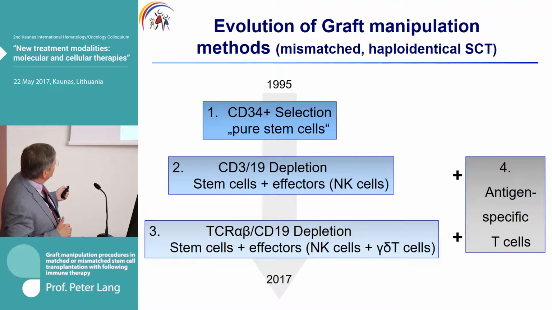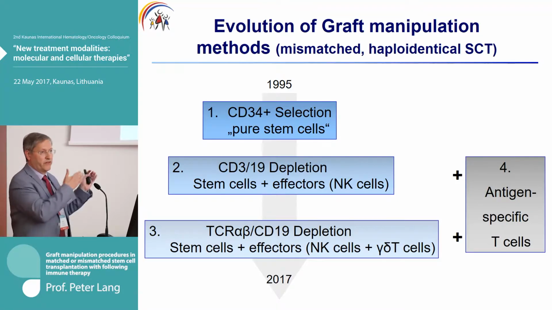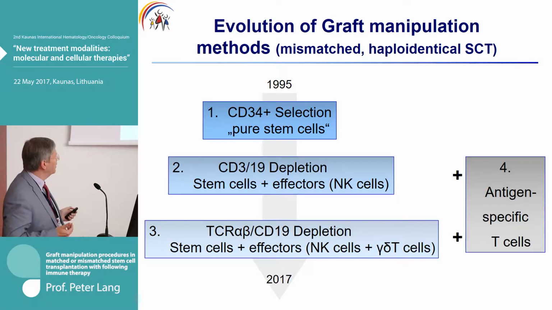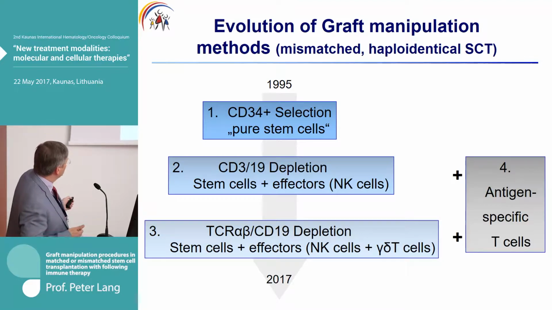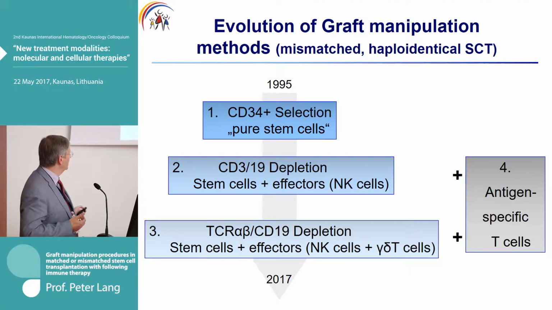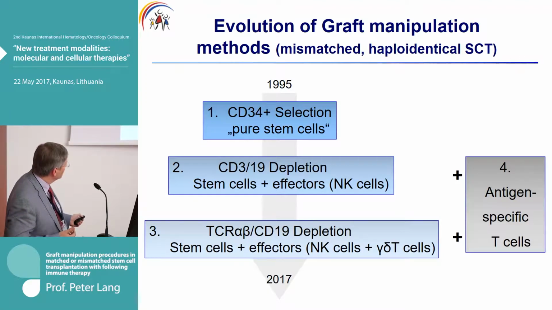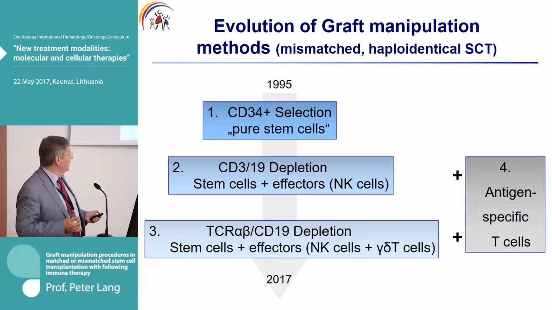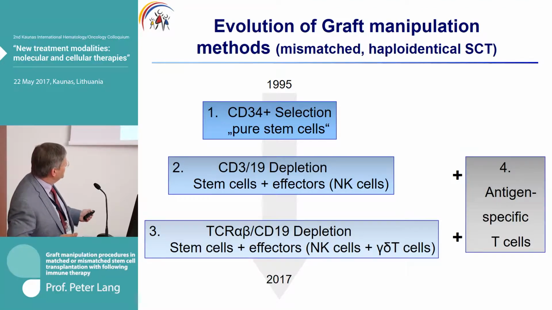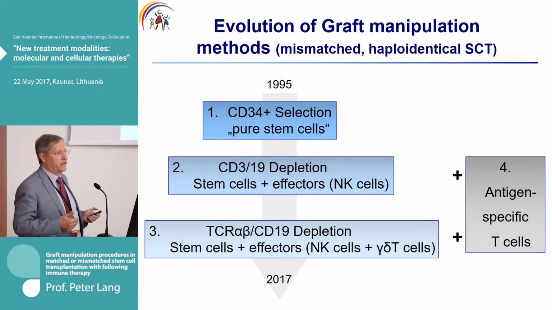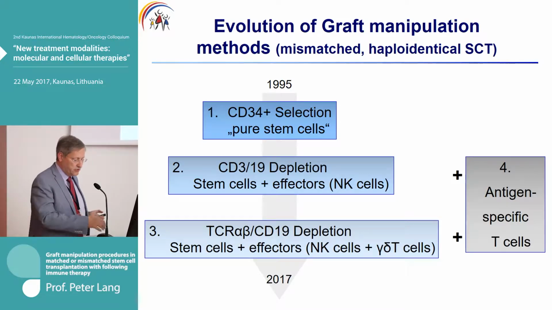Then we switched to the CD3, CD19 depletion, the T and B cell depletion, and these grafts contain stem cells and effector cells, mainly NK cells. At the moment we evaluate the T cell receptor alpha beta, CD19 depletion. Here the grafts contain stem cells and a combination of effector cells, NK cells and gamma delta T cells. Additionally, we are able to produce antigen-specific T cells, for example against viral antigens, if necessary.